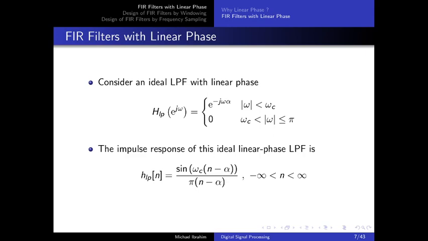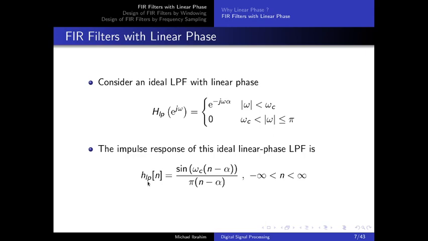This equation is very important. We will use it in solving all the FIR design problems, but also it's important because it's an eye-opener. It gives us actually two important things to note. First thing is that n is going from minus infinity to positive infinity.